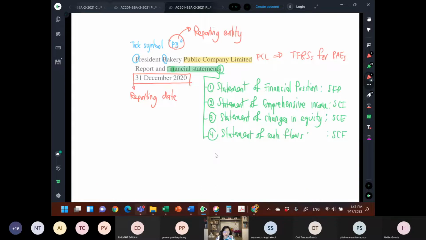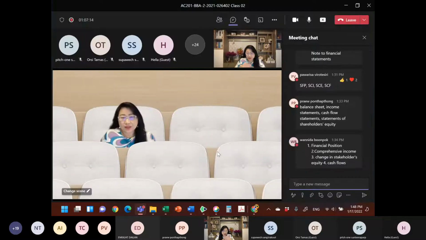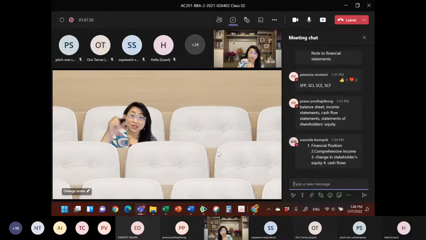Over here, when you look into the different financial statements, you would see that before the financial statements are presented, you get to see the auditor's report.